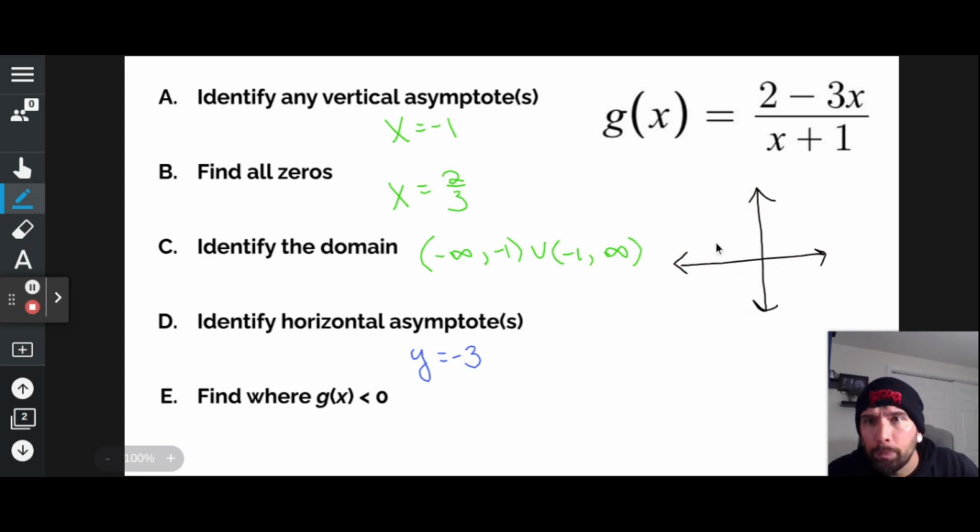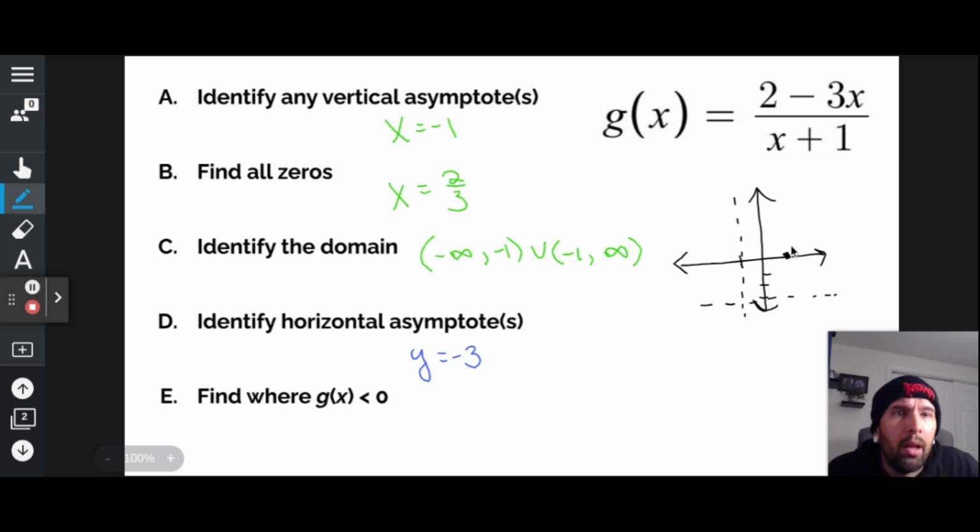What I know is I have a vertical asymptote at negative 1, so I will draw that out. I have a horizontal asymptote at negative 3, so I'll draw that out. I have a 0 at 2/3, so somewhere over here, I'll draw that out.